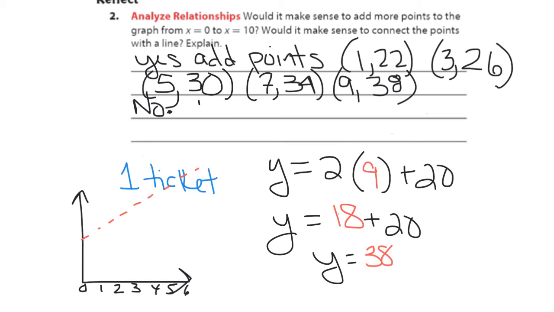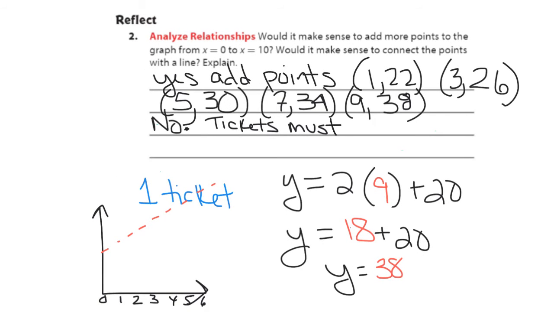So tickets must be a whole number. I can't buy a fraction of a ticket. I can't buy a negative ticket.